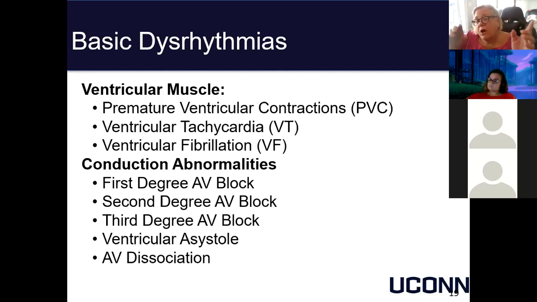And anytime you go off the AV node bundle of His Purkinje pathway, it takes a lot longer to go cell to cell than following those pathways. And when it takes a lot longer, you get wider complexes. And that's a classic hallmark of a PVC.